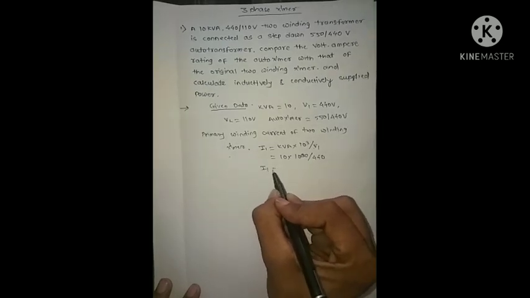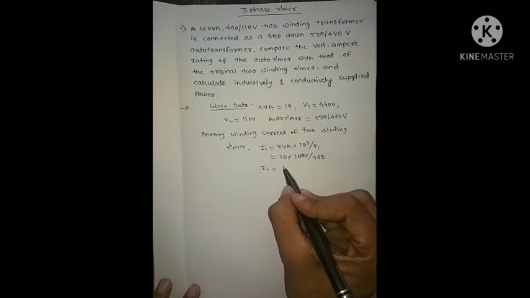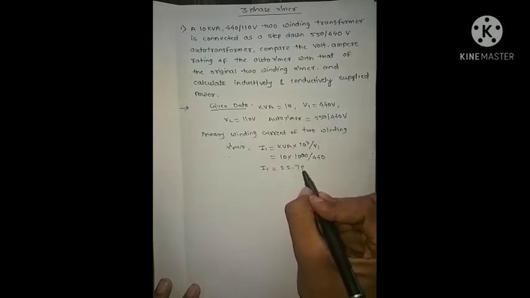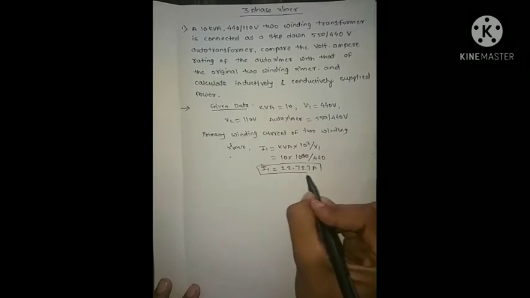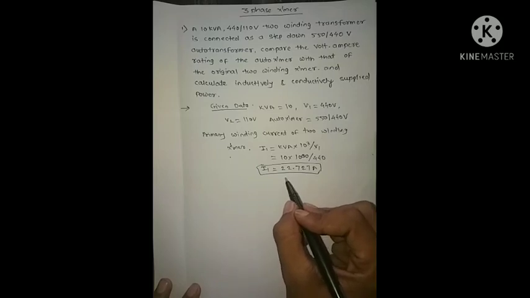After calculating it, the value of I1 is 2.2727 ampere. Okay, this is our I1 value.